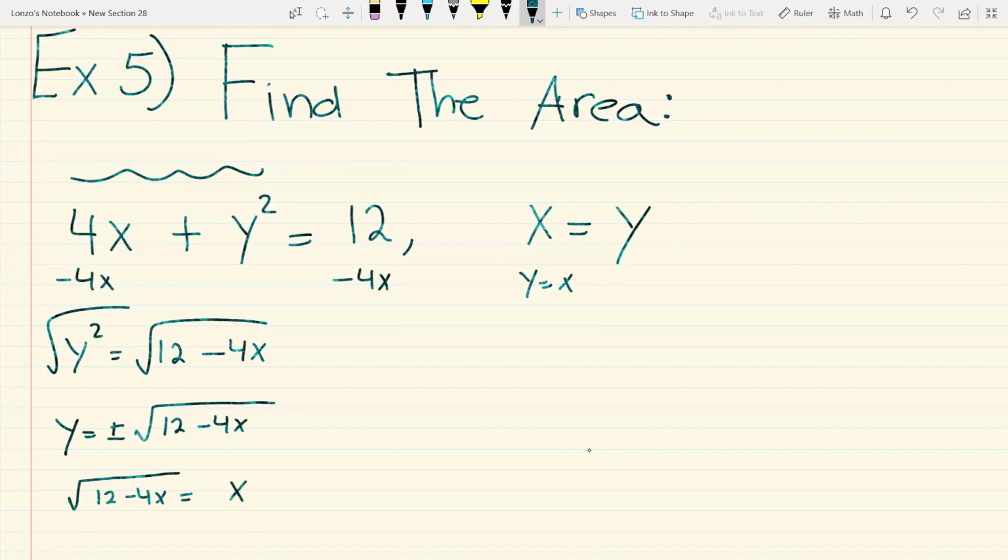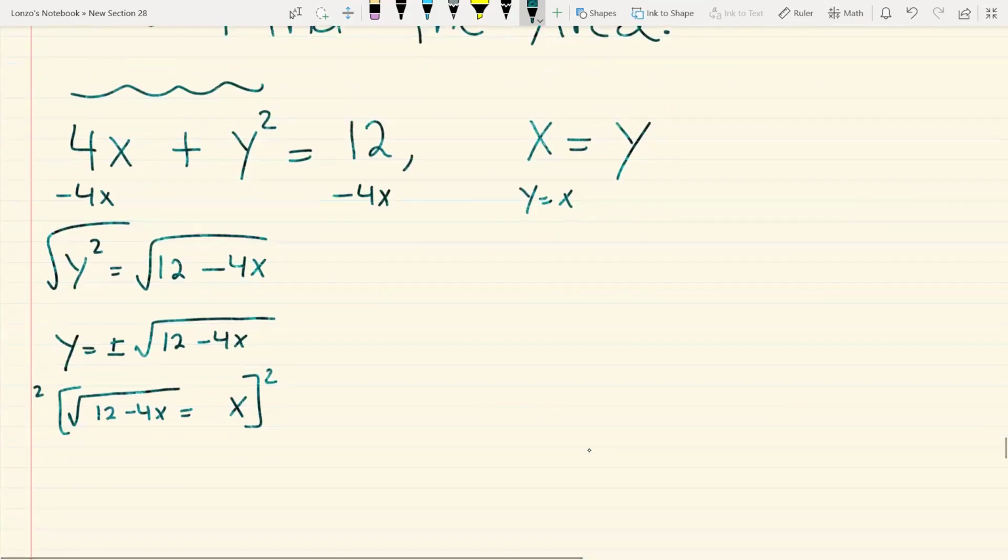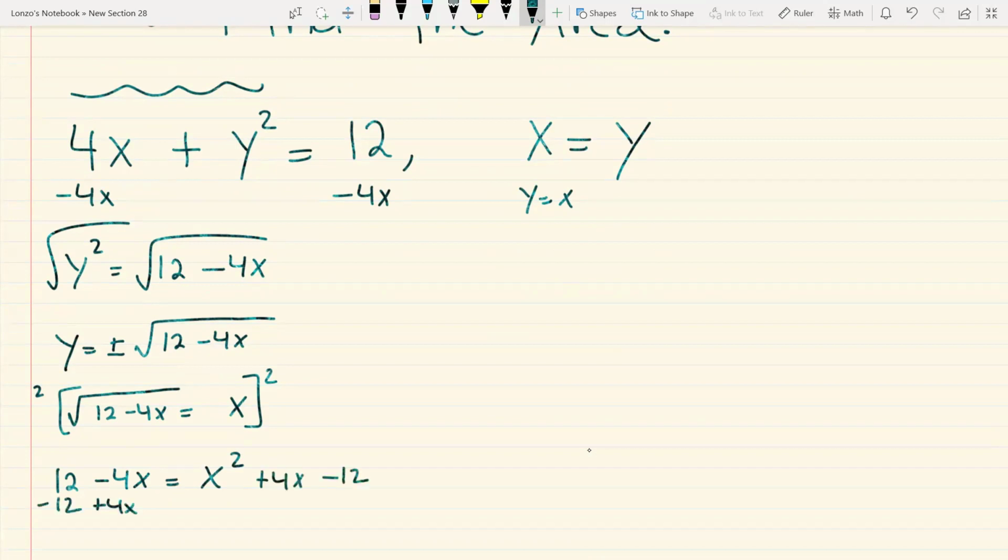Then I would square both sides. So over here, when you square this, the radical disappears, so you're left with 12 minus 4x. Over here, when you square this, it's x squared. And then I guess you have to get one side to 0 because we're going to factor this. So move everything to the right. So I'm going to add 4x, and subtract 12.